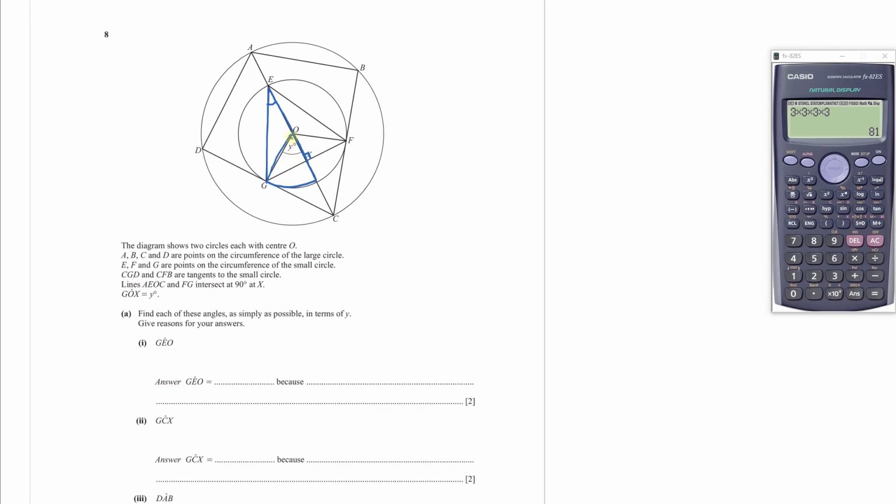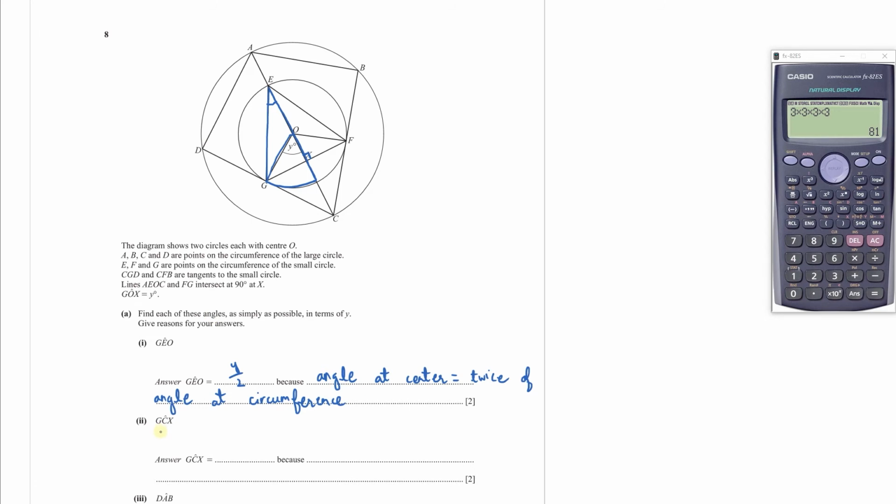Using the property that the angle at the circumference is half the angle at the center, GEO equals y over 2, because the angle at the center equals twice the angle at the circumference. So this here will be y over 2.